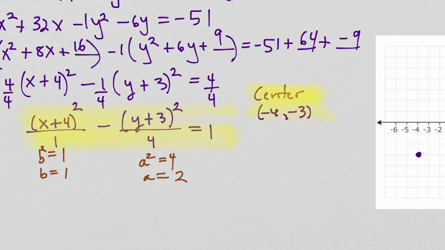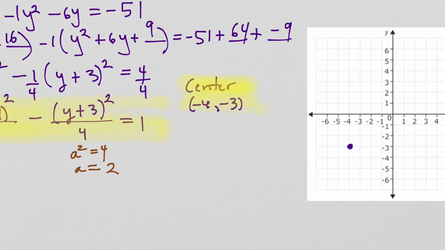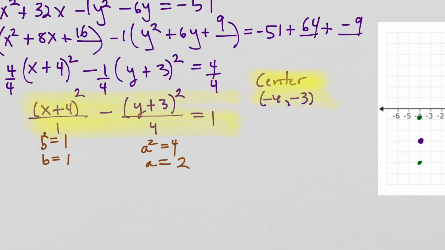So what that tells me is if I look at these y's over here, that means I'm going to go 2 up and 2 down from my center. I'm finding the edges of my construction box, and then in the x direction I'm going to go 1 to the right and 1 to the left.